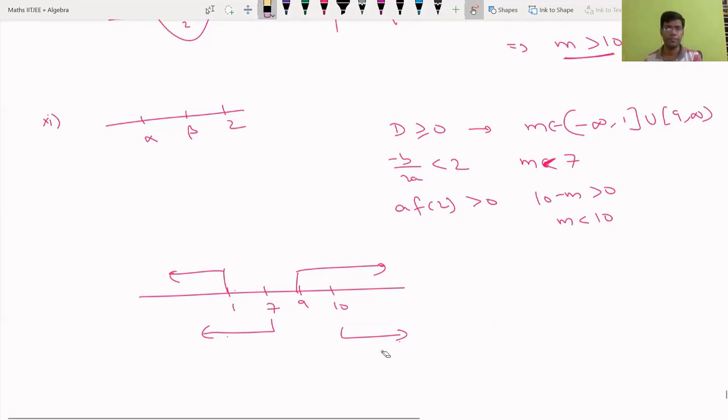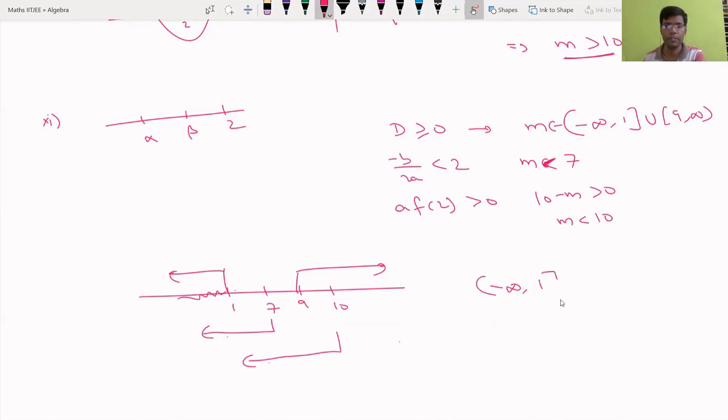So it will be here. So if we want to take the intersection of all this, then it will be nothing but this region. So minus infinity to 1. This will be closed. Okay. So that is my 11th one, minus infinity to 1. So let's see the next bit.